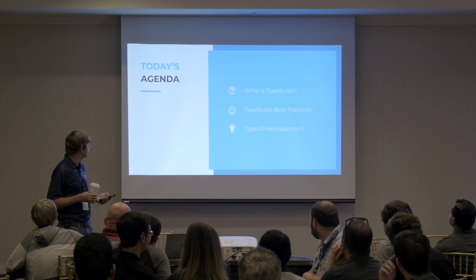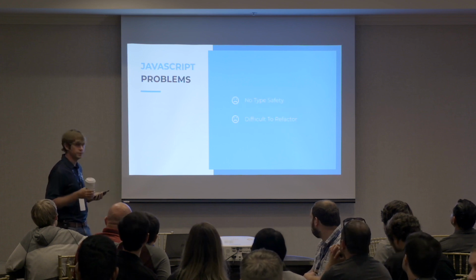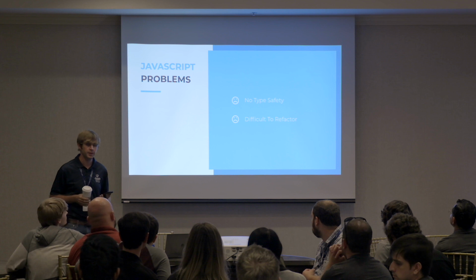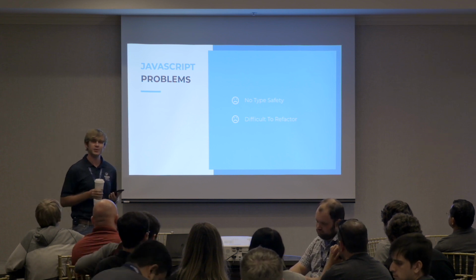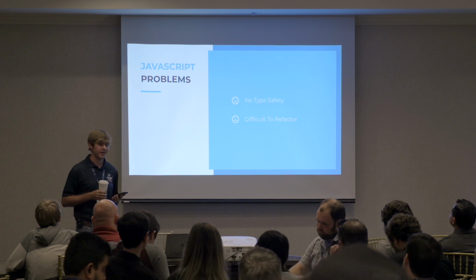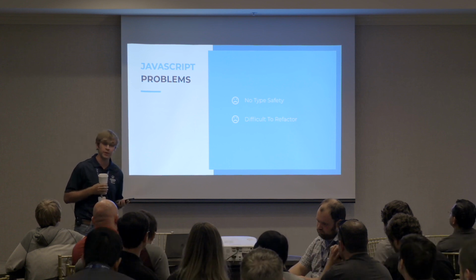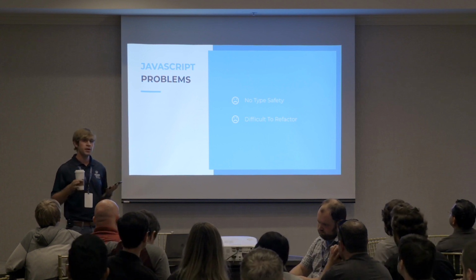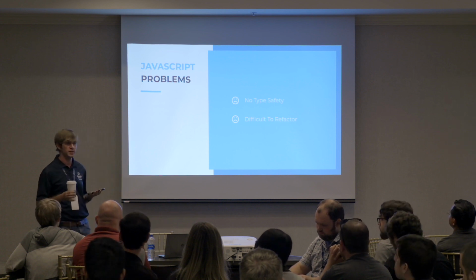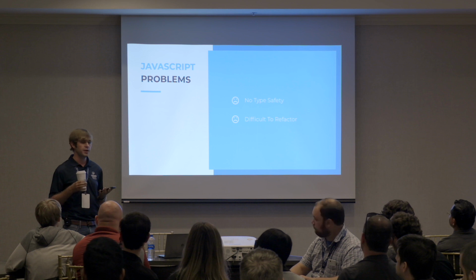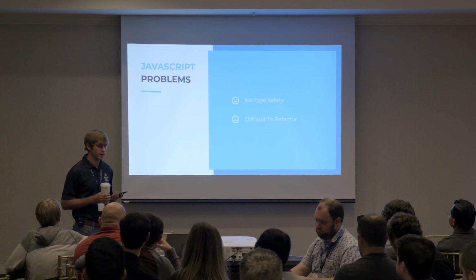So I feel like I should start this off a little bit like a lawyer infomercial. If you've ever worked with a large JavaScript application, eventually it reaches a point where you basically have no type safety. You find that you have bugs all the time, you write a ton of unit tests, but it's not a strongly typed language, so it's very difficult to keep things straight.